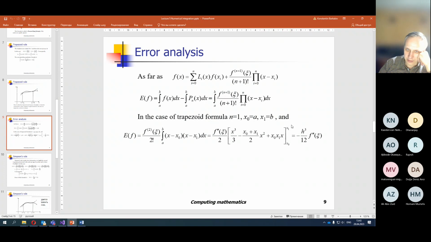And finally, the error term will have the order 2, h power 2.